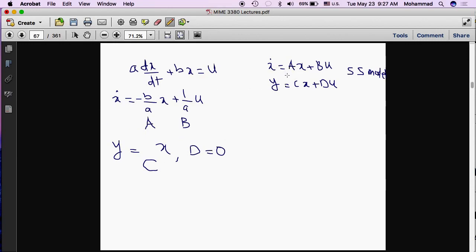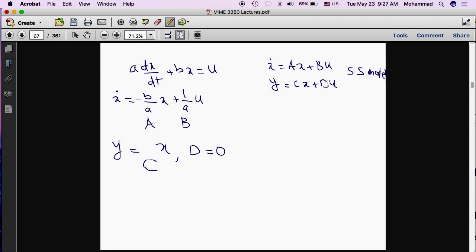Whenever we have a dot, a time derivative, that's an indication of dynamics, an indication of a delay between input and output. If we had a non-zero D here, we would be saying that the input immediately affects the output without any dynamics involved. That's a static system. And because we are dealing with dynamic systems, for almost all cases, D is equal to 0. It's a very rare exception when D is non-zero.